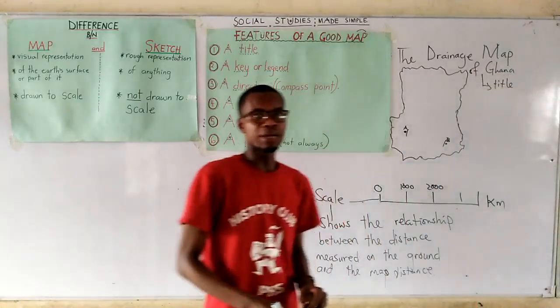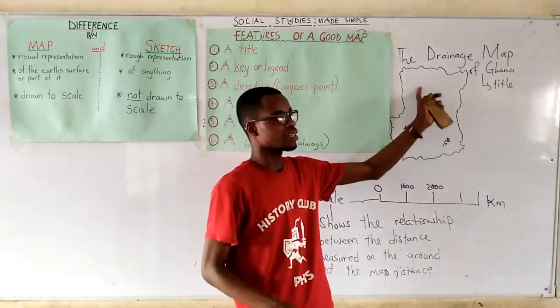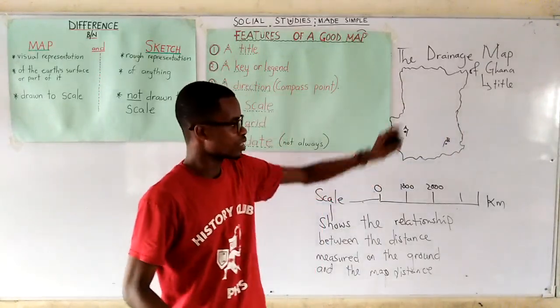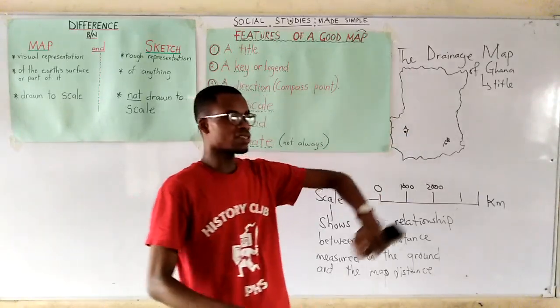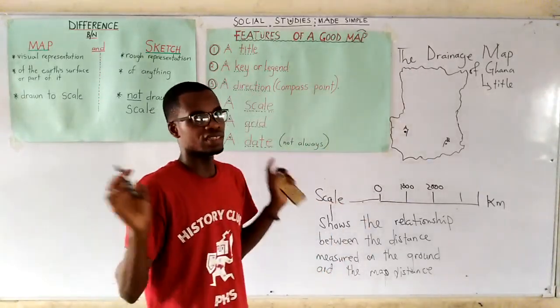This is the title of my map, the drainage map of Ghana. So you find the rivers in Ghana and the lakes. You see Lake Volta, River Volta, you see Oti, you see Afram, you see Pra, all will be indicated. That is the title of the map.